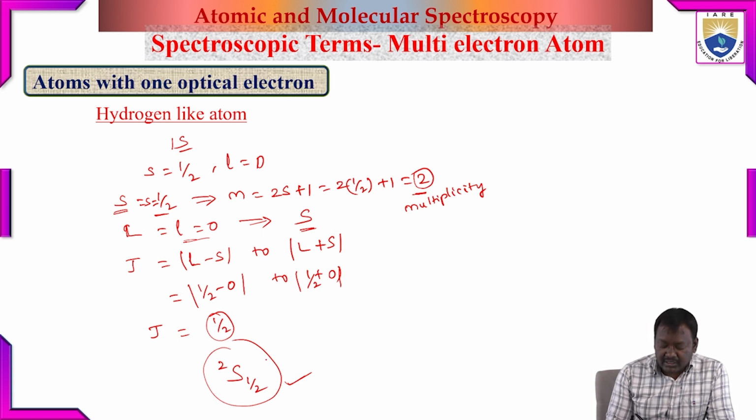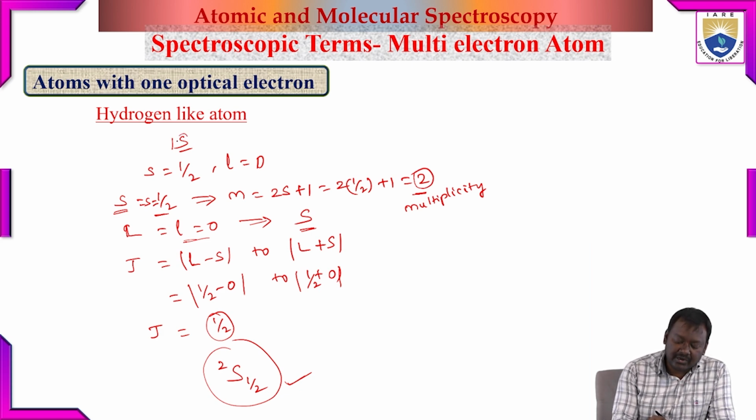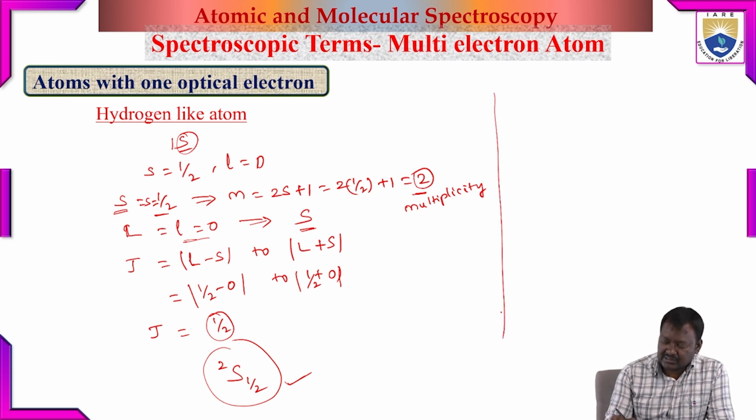It is not only the ground state spectral term for the hydrogen atom, but for any atom like hydrogen having a single electron in an s orbital, like 2s, 3s, 4s.